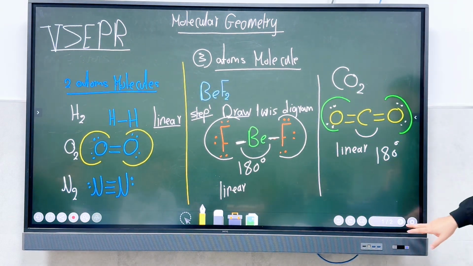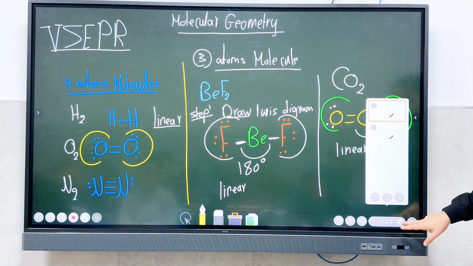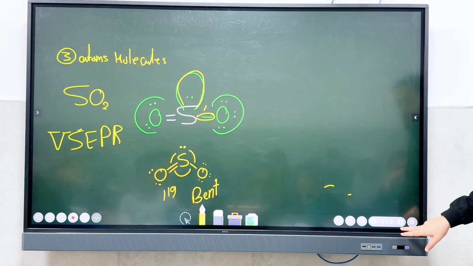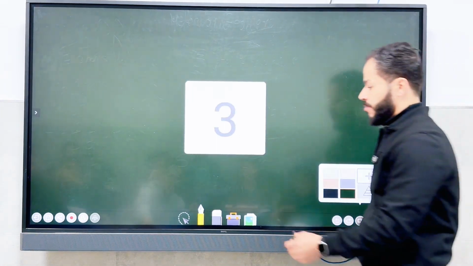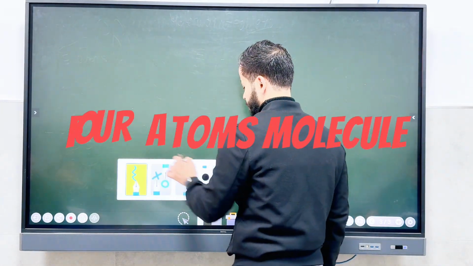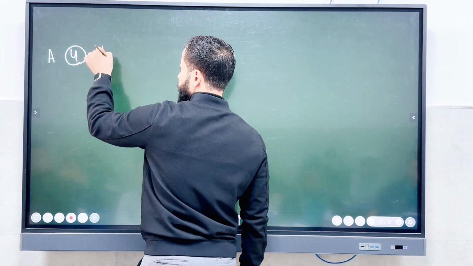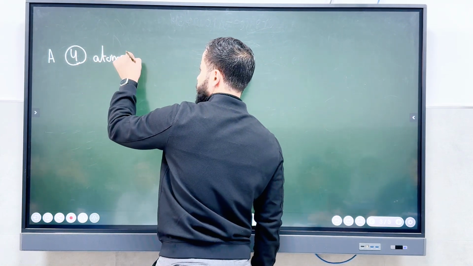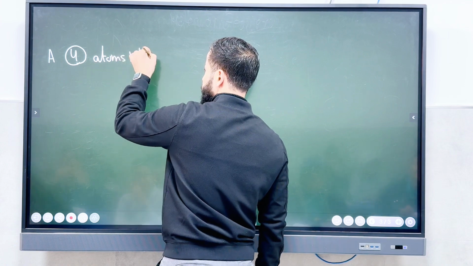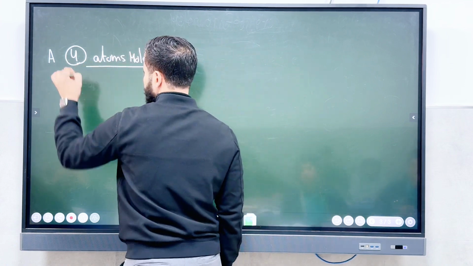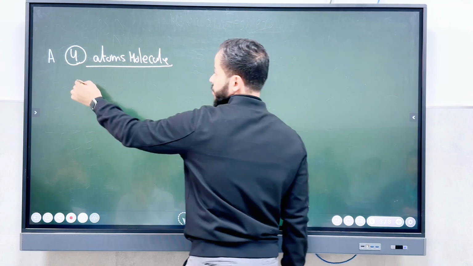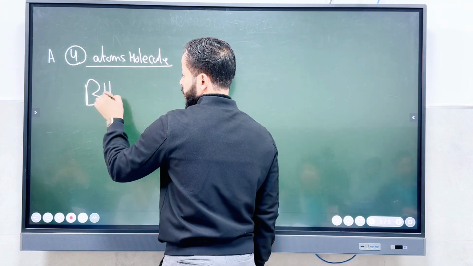Now we will talk about 4-atom molecules, guys, like BH3 in your book.